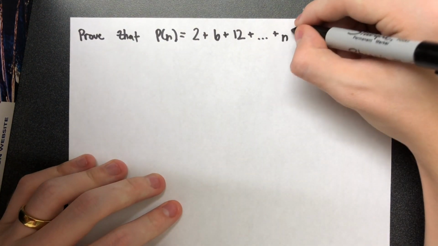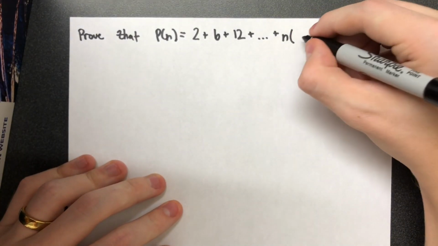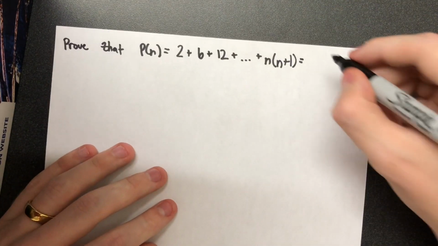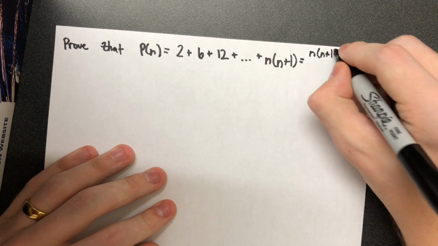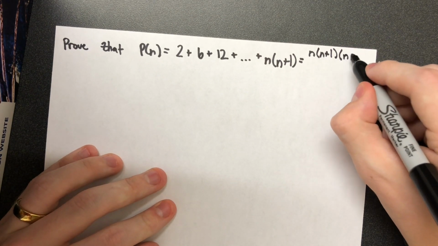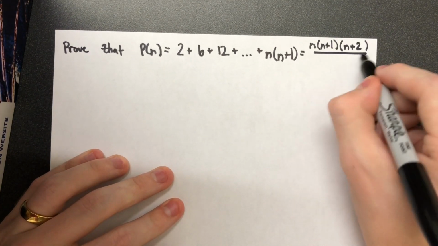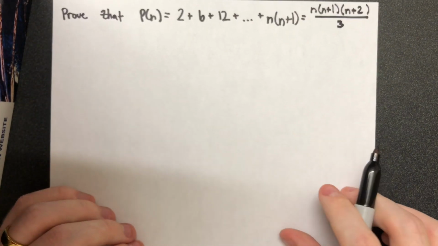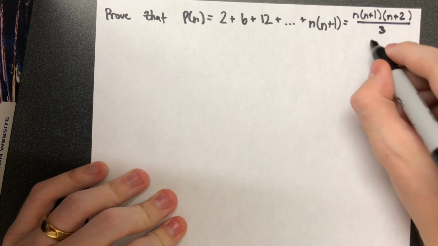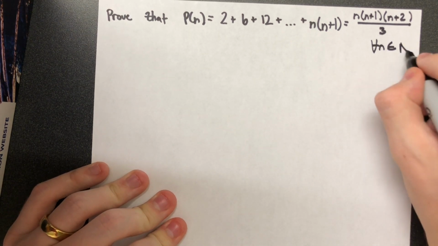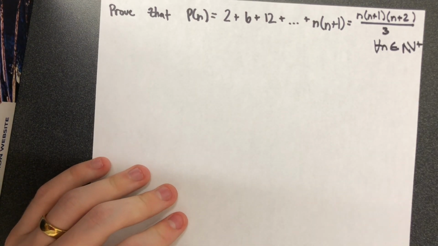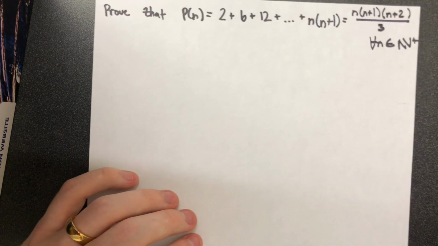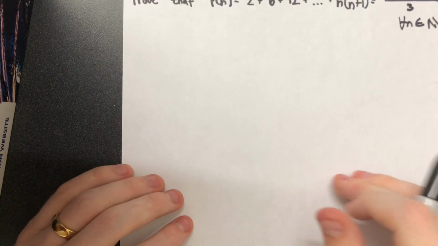Plus n times n plus 1 equals n times n plus 1 times n plus 2 over 3. So basically we're going to prove that this statement holds true. I just want to make sure that we specify this is in the set of natural positives.